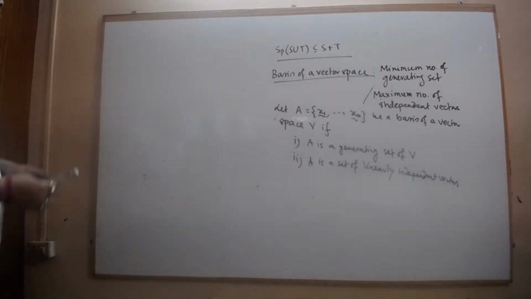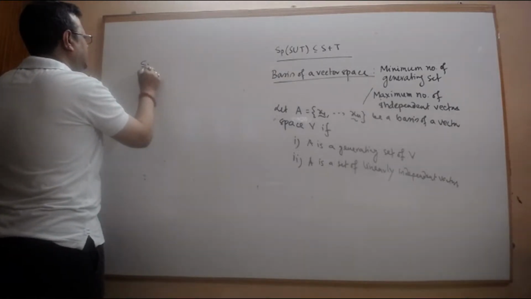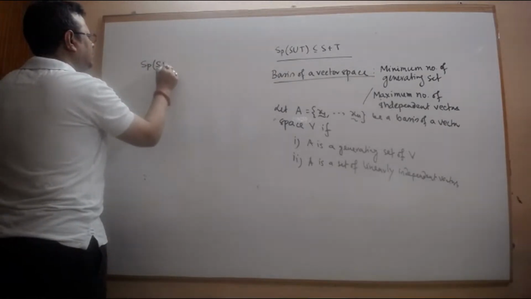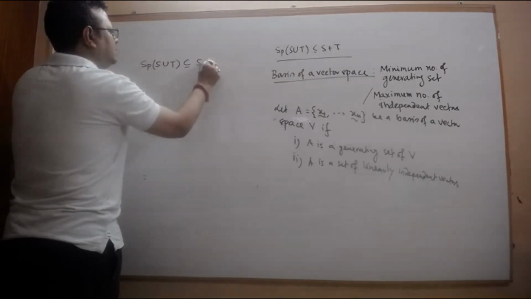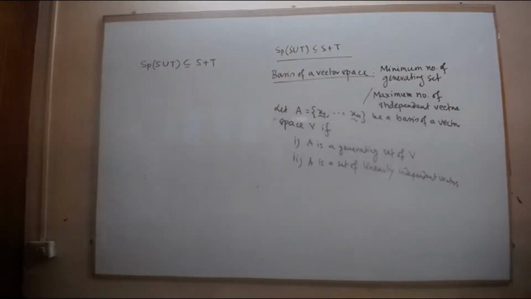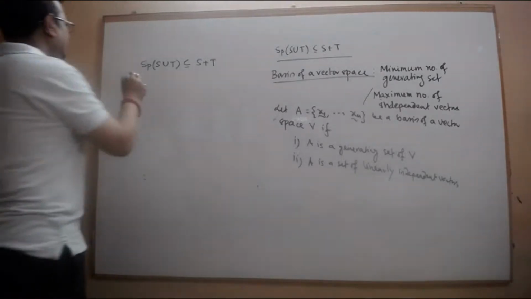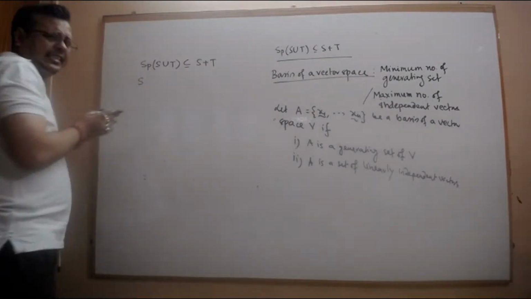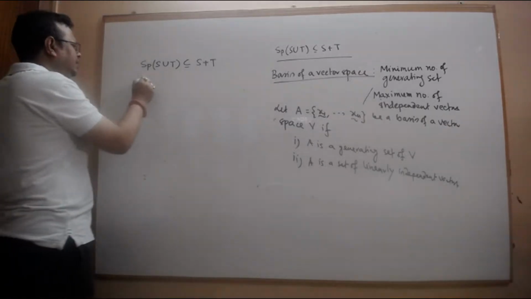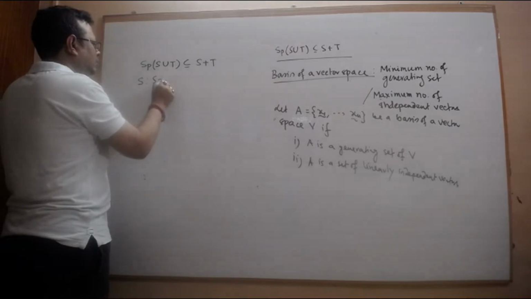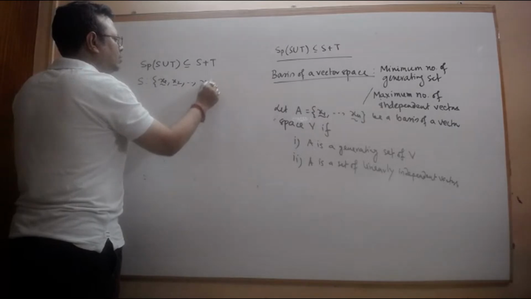So now the next part, that is the span of S union T, I want to prove this equals S plus T. Since S is a subspace of V, it has a basis, say x1, x2, ..., xs.